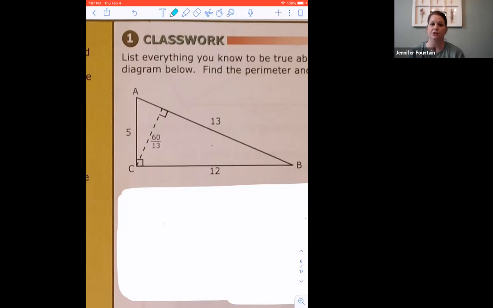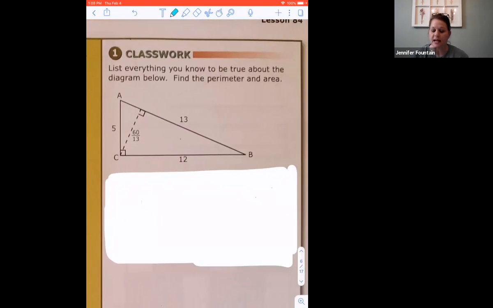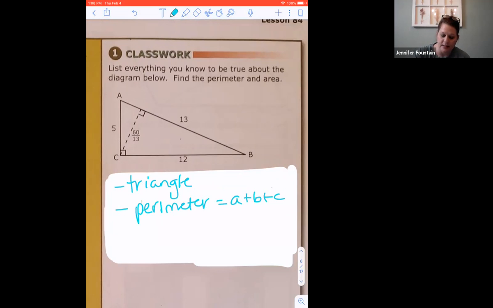That's extra information. Okay, so it says list everything you know to be true about the diagram below. Well, first of all, we know it's a triangle, right? Which is a type of polygon. And what do we know about the perimeter? Perimeter equals A plus B plus C. So if I pick A, B, C, I'm going to have 5 plus 13 plus 12.